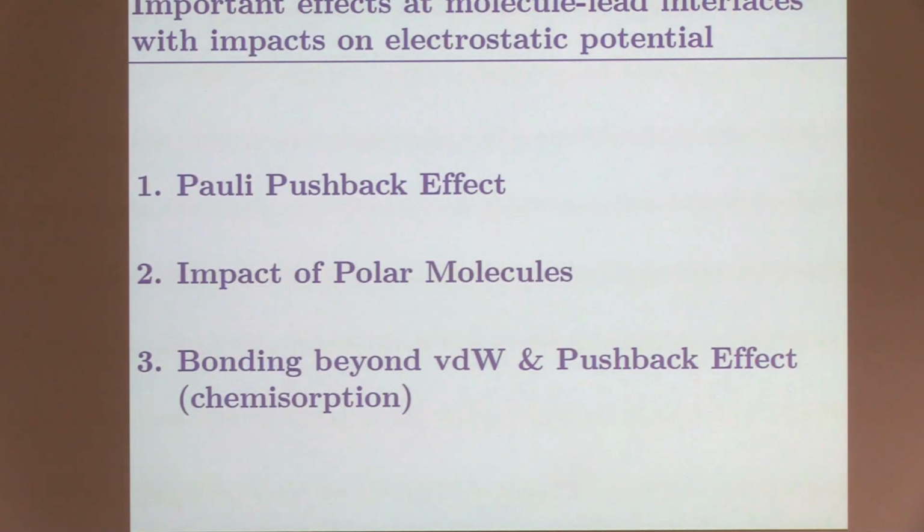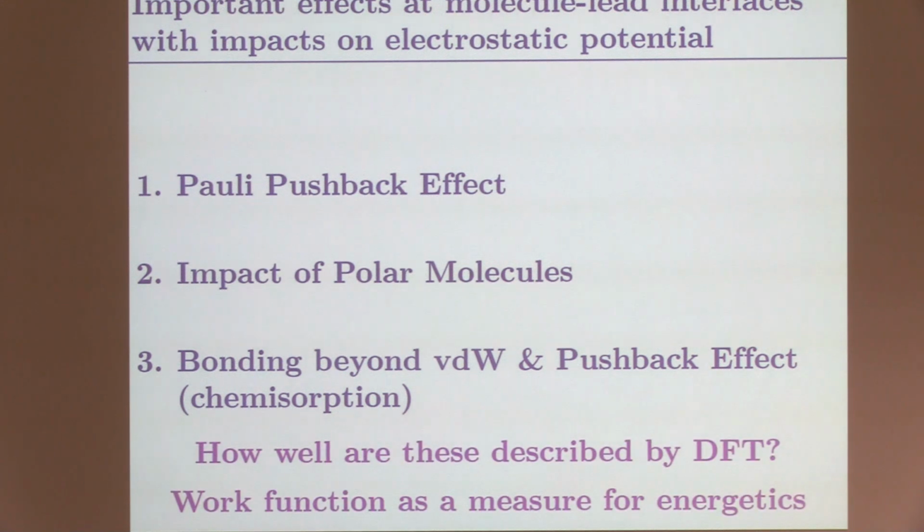All right, so we have these three effects: the Pauli pushback, which is always happening; then the impact of polar molecules, which happens if you have dipole moments, and monolayers, which are very nicely aligned and build a 2D array of molecules on surfaces. And then what I called beyond van der Waals and pushback, namely chemisorption, once you have the building of a new bond or charge transfer to a molecule.